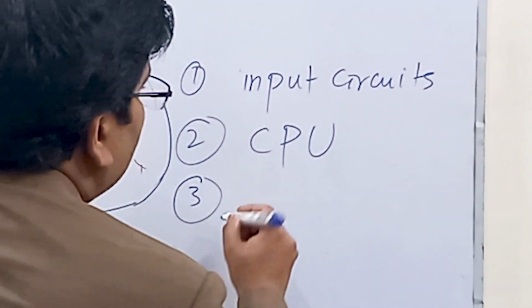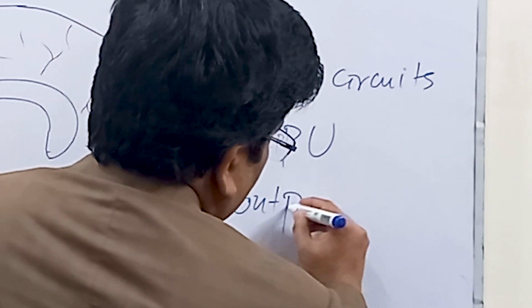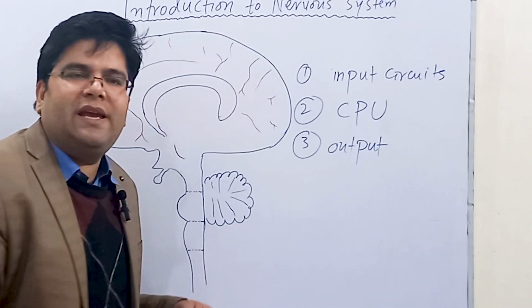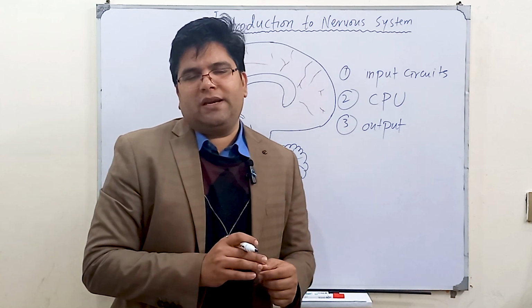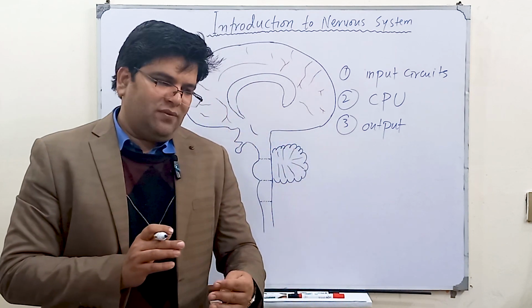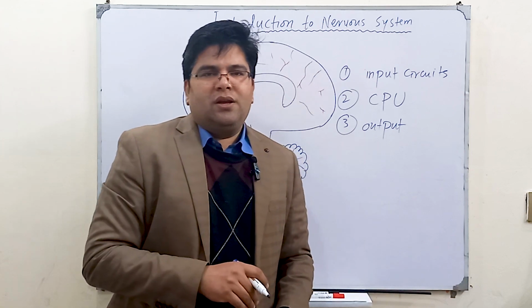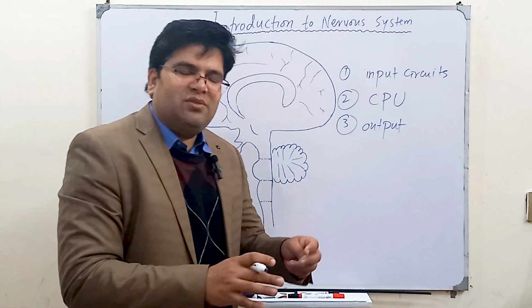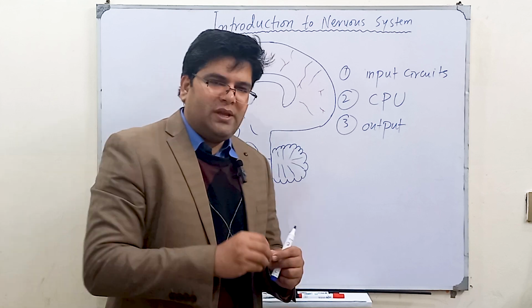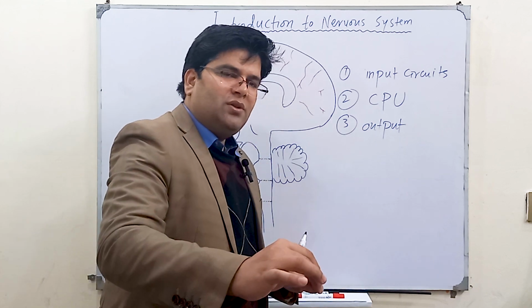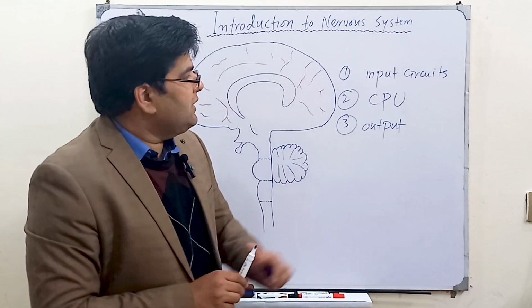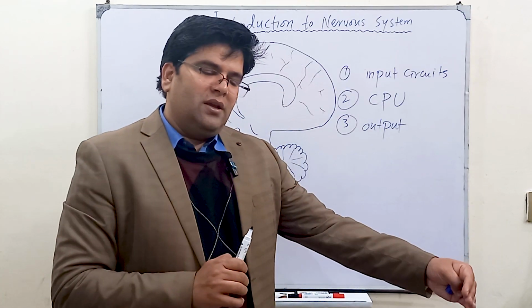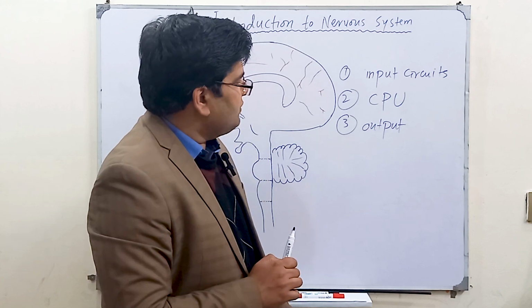And in computer we also have output circuits. The output of computer is like the screen of our computer, and also like printers, which give a response to our input. So whenever we want to print something, we give a command to our computer, so that signal given to the computer using our mouse and keyboard is just like the sensory signal going to our nervous system.